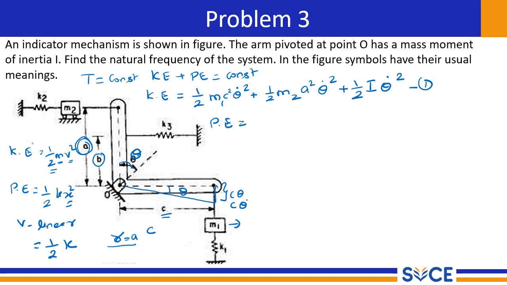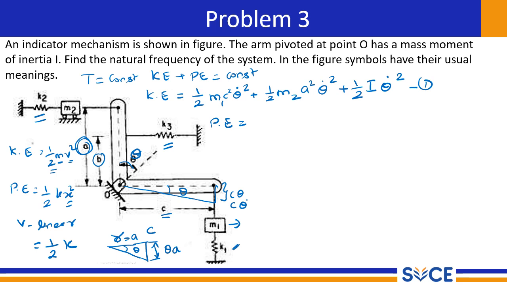If it is deflected by theta, then the deflection is a theta. For K2 it is a theta, for K3 it is b theta, and for K1 it is c theta. So accordingly we have to write.